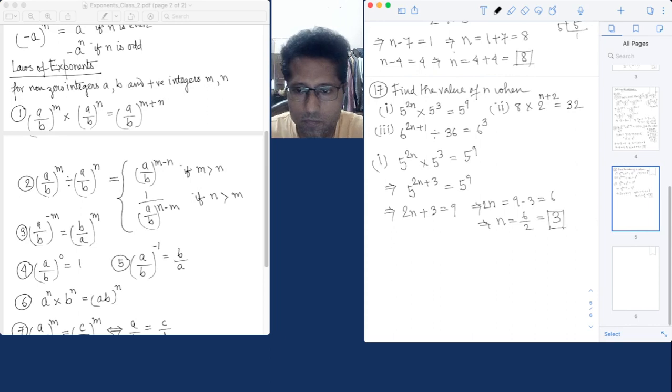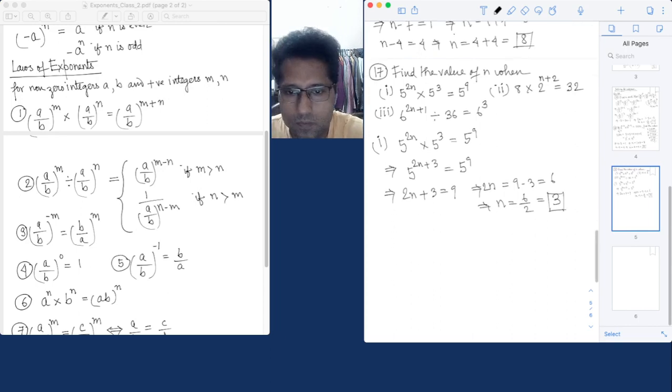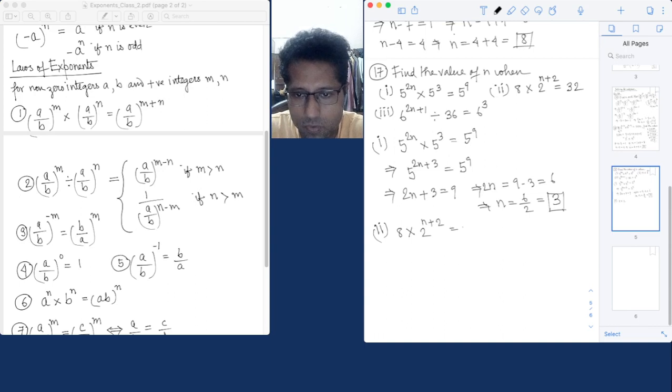Okay. Let's do part 2. Part 2 says 8 multiplied by 2 to the power n plus 2 equals 32. Now since we have a power of 2, the unknown variable is in the power where the base is 2.